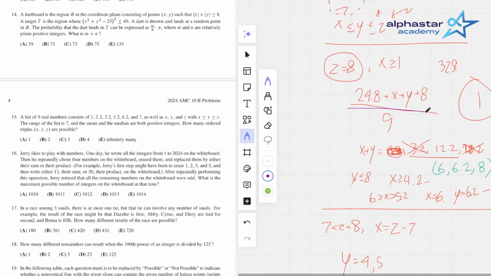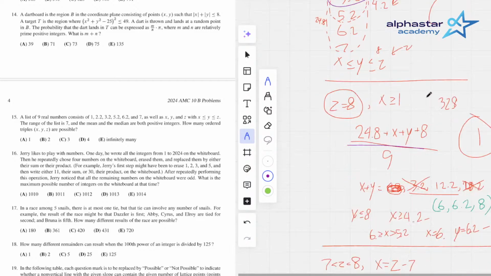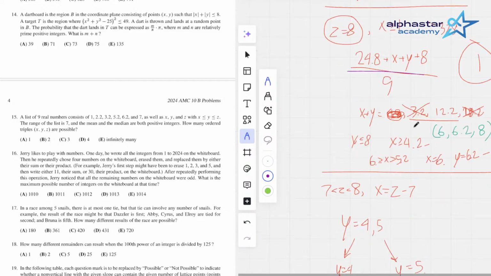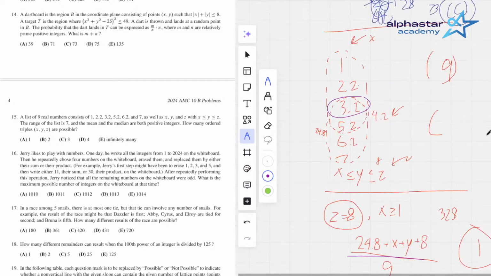This has to be an integer. Sure. So then x plus y is like this, but that doesn't work because that would make 3.2 the mean. So the number between 3.2 and 5.2, 6, 6.2, and 8 works, where x is the mean of 6.